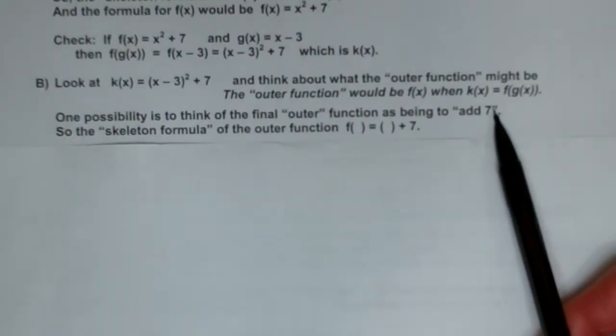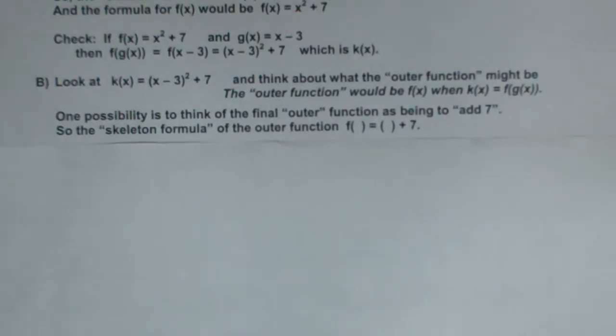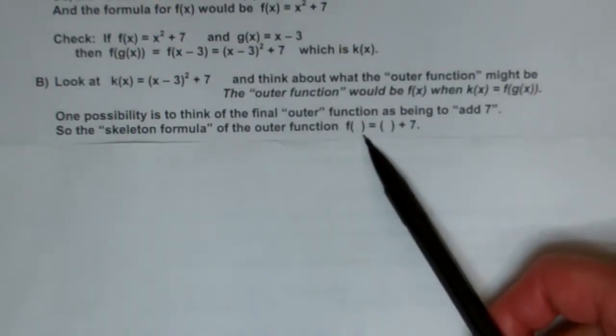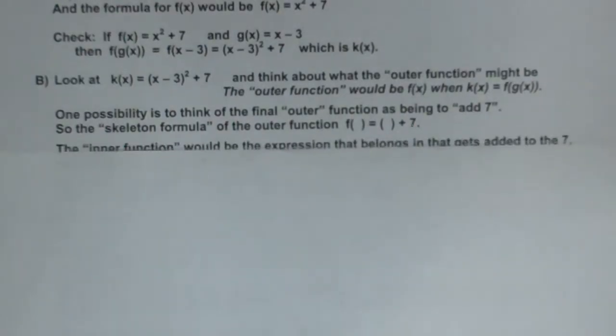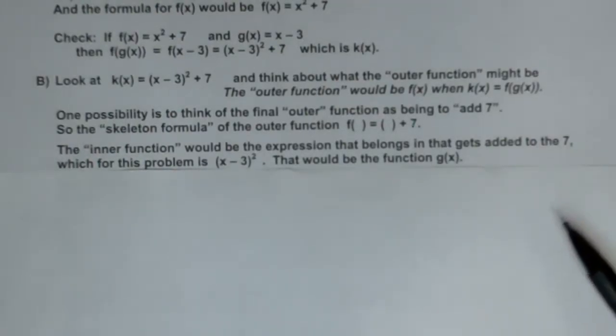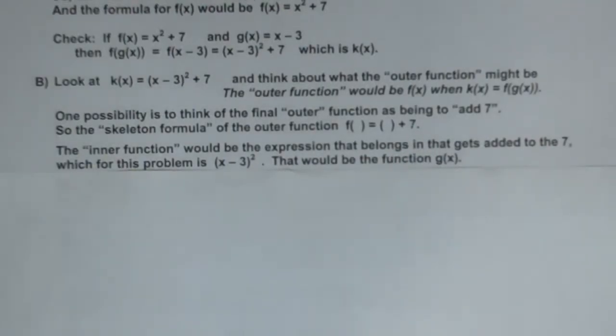That's the final thing that's done in the formula for k of x. The skeleton formula for that outer function would be that f is to take its input and then add 7 at the end. The inner function would be the expression that belongs in the parentheses that we're going to then add a 7 to.